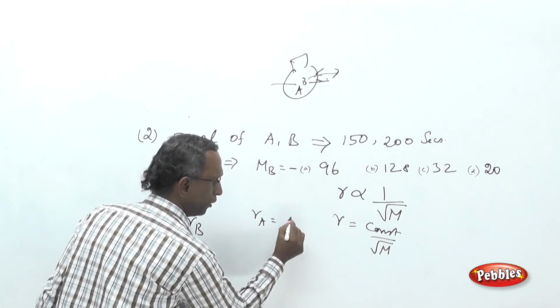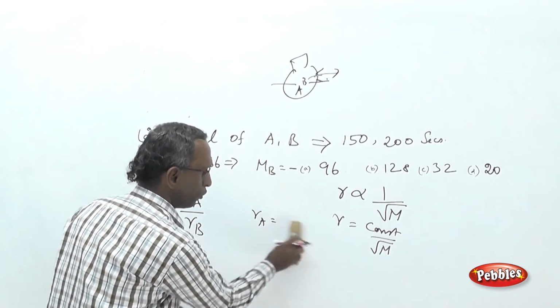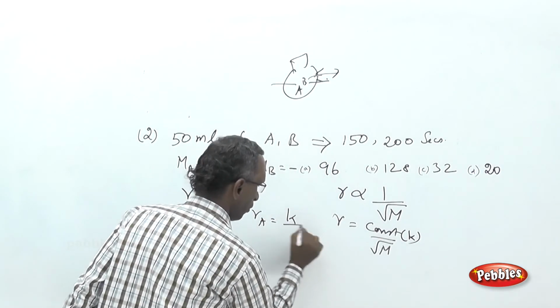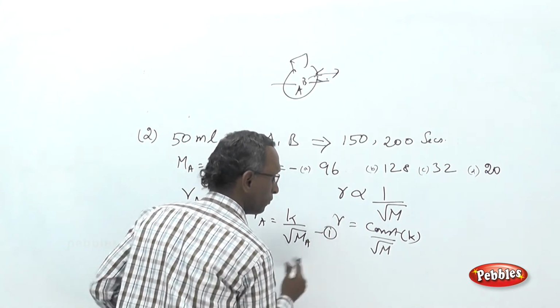RA equals some constant, let it be K, divided by root MA. This is one equation.